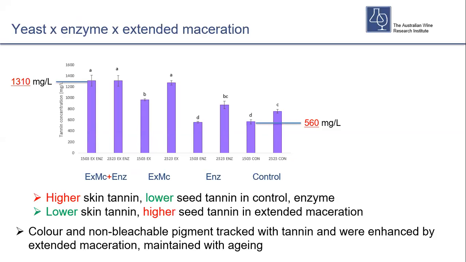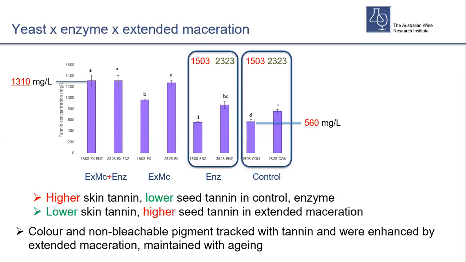And this was a 133% difference, which is quite large. If we compare the earliest treatments, you could see there again that effect of yeast strain, where 2323 had higher tannin. And then adding enzyme in this particular case didn't produce very strong changes in that relationship.